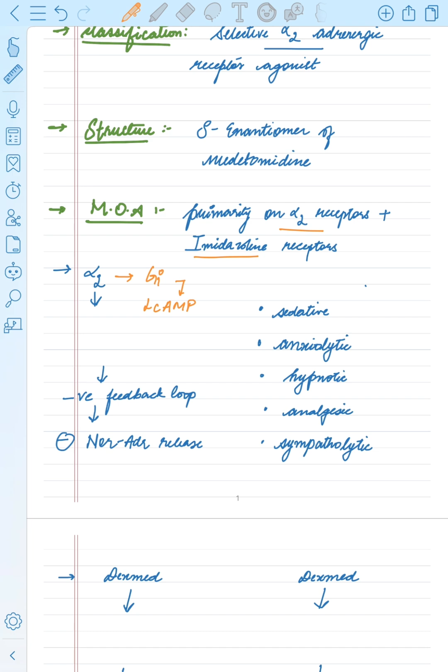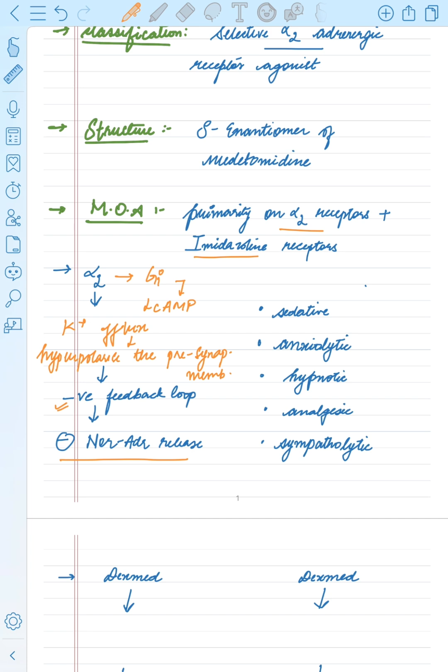Now due to this potassium efflux, this will hyperpolarize the presynaptic membrane, which will lead to a decrease in the noradrenaline release. So this further creates a negative feedback loop and it inhibits the noradrenaline release by its alpha-2 presynaptic action.